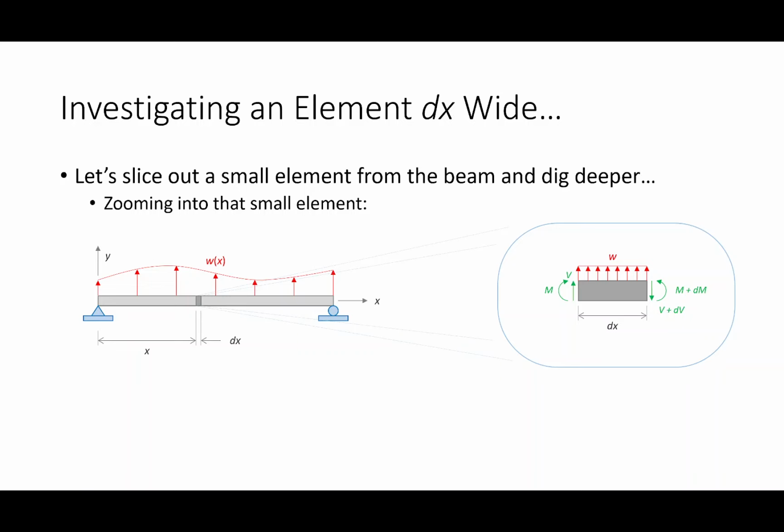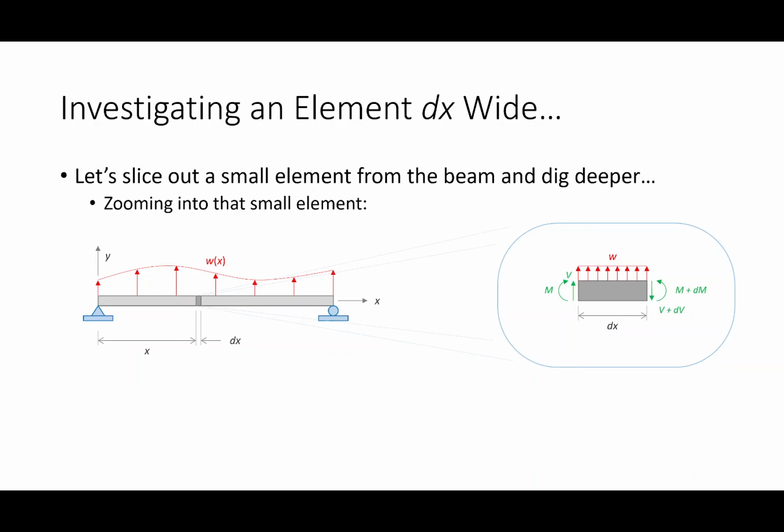Does that make sense? Now, I propose that on this element, which is dx wide, I have an unknown shear and moment on this side and an unknown shear and moment on this side. But I propose they're different. Let's say the shear: I'm going to have a shear here, and a shear plus some increment on the other side. I don't know what that increment is yet, but we'll say the shear plus some change in shear, dV.